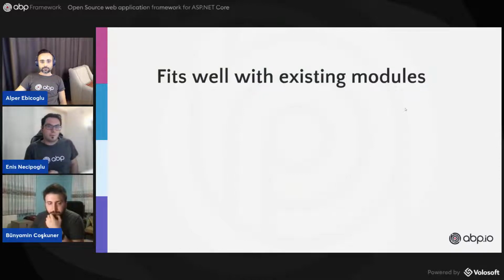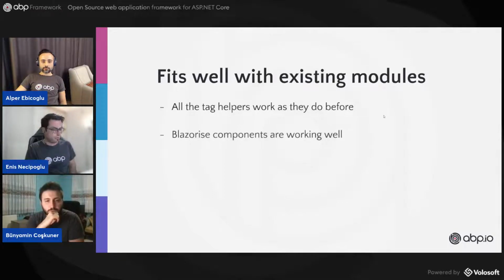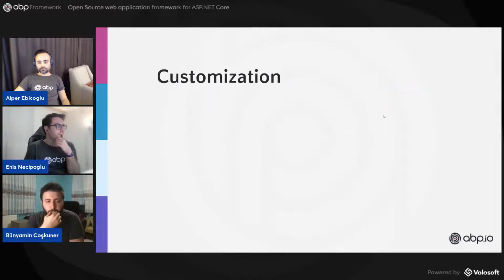Now it fits well for existing modules. All the tag helpers will work the same because LeptonX supports Bootstrap, so our tag helpers will work well. Also, Blazorise components will work well because we have already implemented it, and LeptonX Bootstrap compatibility is really good.